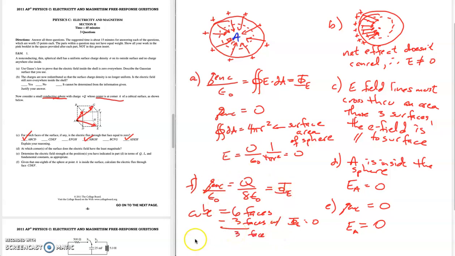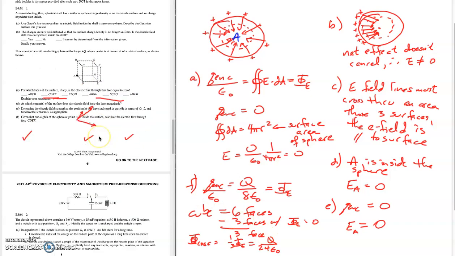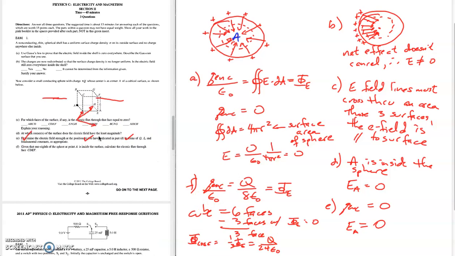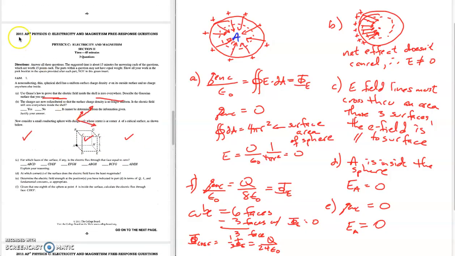So what we want is the flux through that one surface, CDEF, equals 1/3 of the total, which is going to be Q over 24 epsilon naught. That looks like that's all of number 1. So I'll clear out and we'll look at number 2.